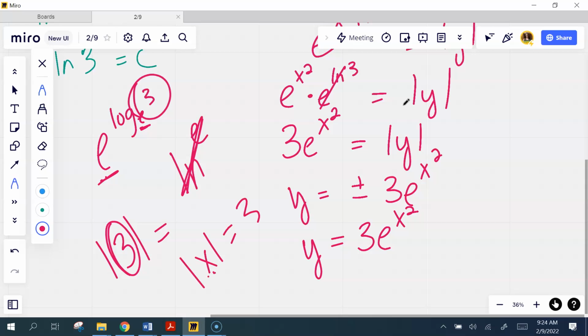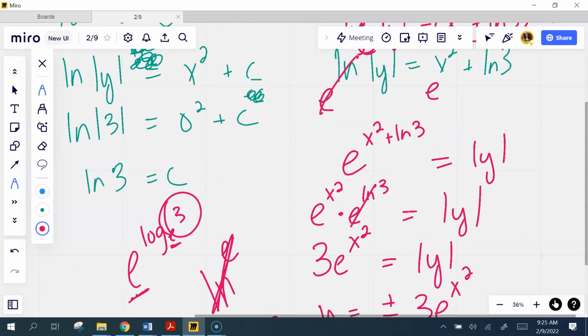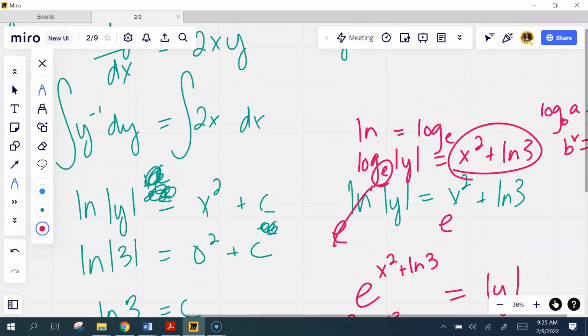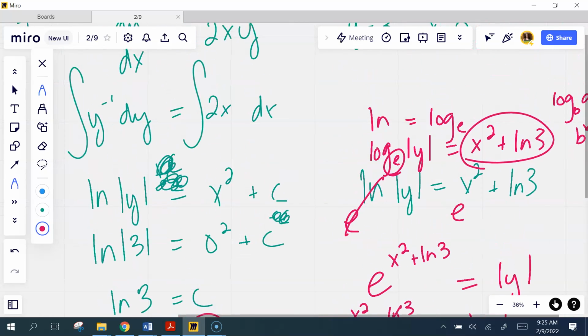I could put a negative 3 or a positive 3 in there. Because there's no domain restrictions in the beginning, I just take that primary answer, that positive answer. There's nothing that restricts the very first, the 2xy, right? There are no restrictions. I can put positive or negative in there, it doesn't matter.